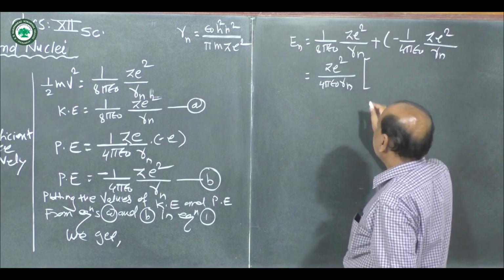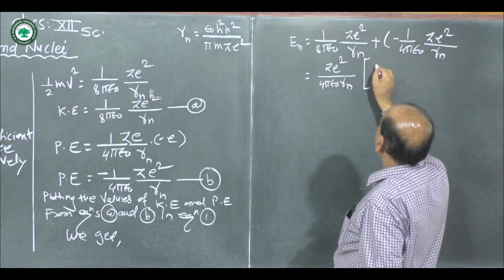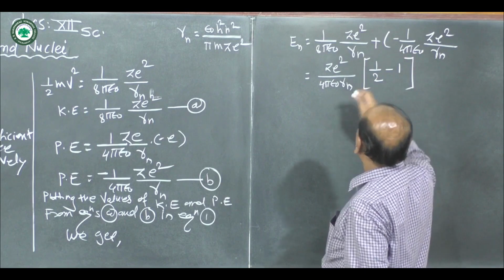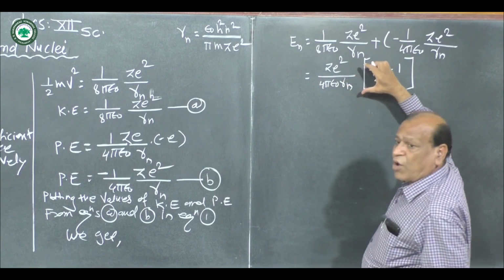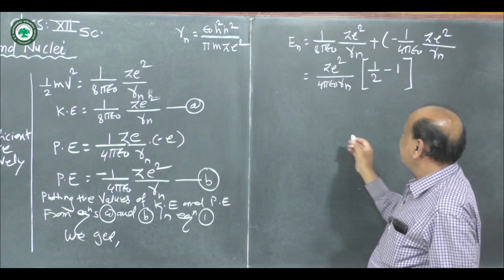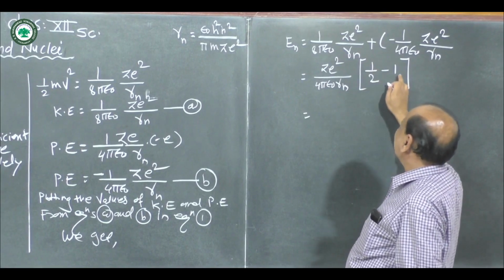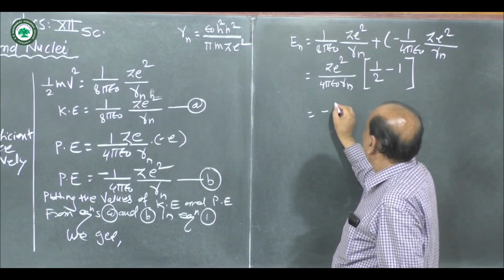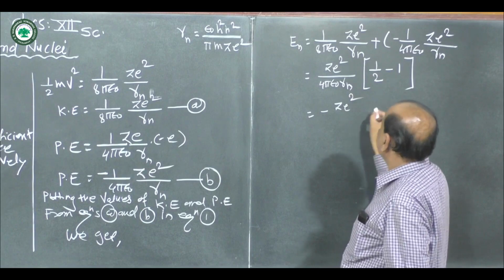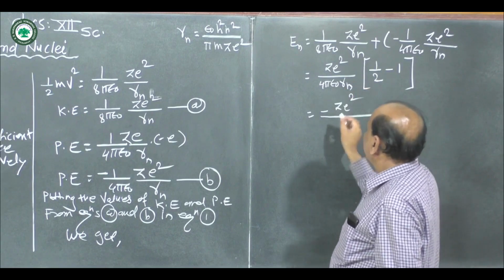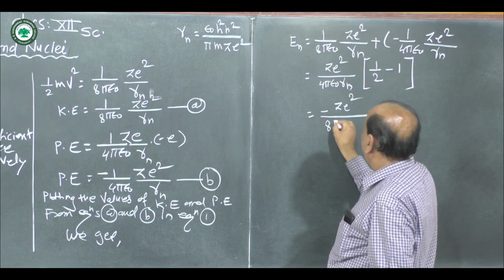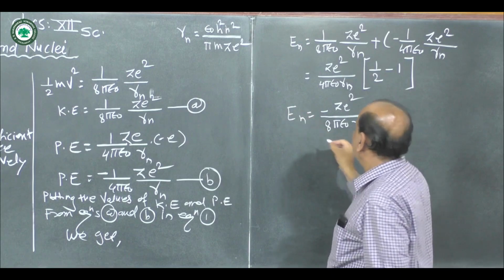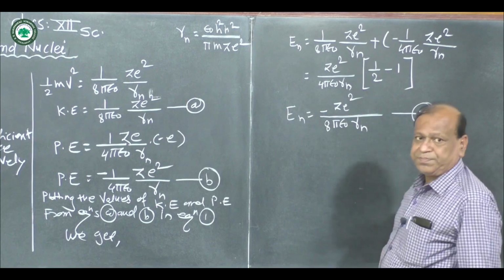What remains in the bracket is 1/2 minus 1, which gives minus 1/2. So the term is minus Z e square divided by 8 pi epsilon 0 Rn. This is the value of En. This is equation 2.